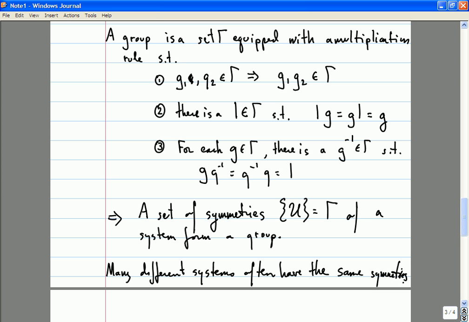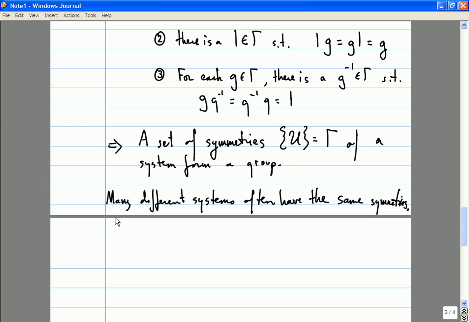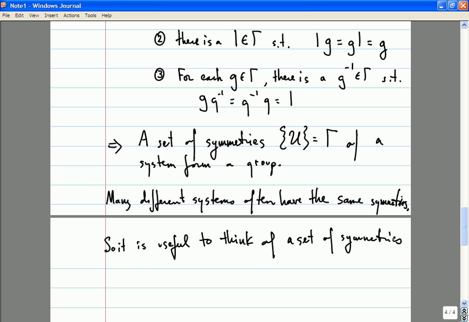And so, for that reason, it is often useful to think of a set of symmetries as an abstract group.